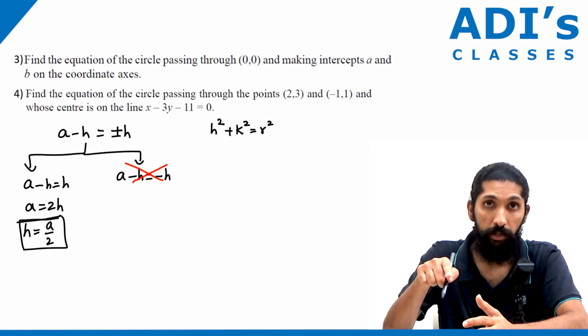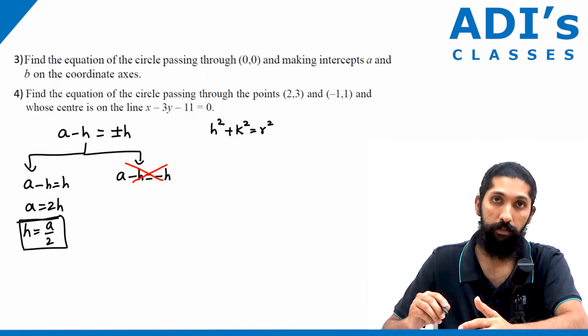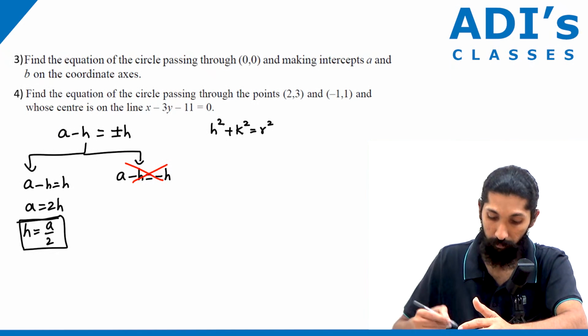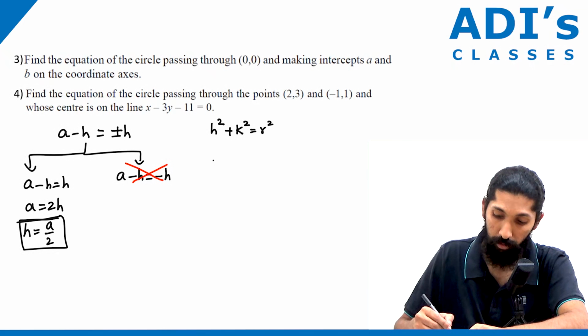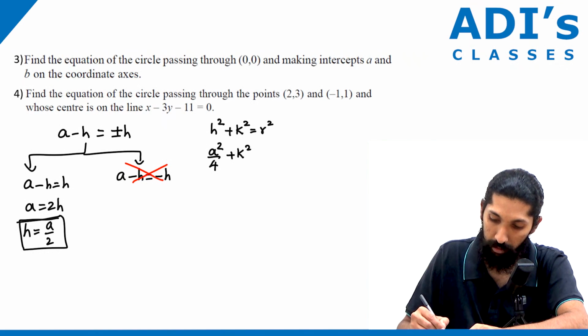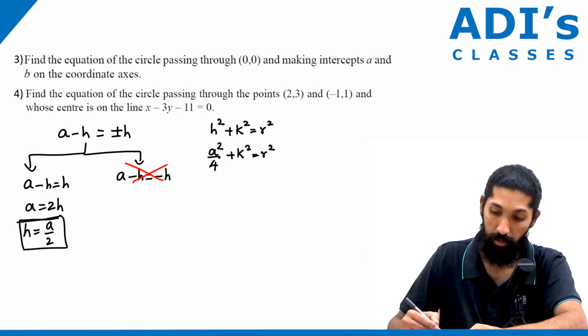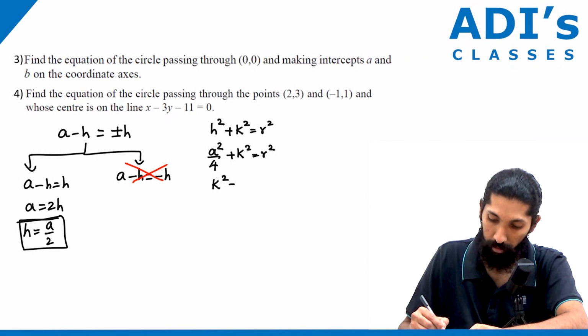So we might as well substitute in this one and get the answer. Clear? So h is a by 2. So you're going to get a square by 4 plus k square is equal to r square. Fair enough? So k square is equal to r square minus a square divided by 4.